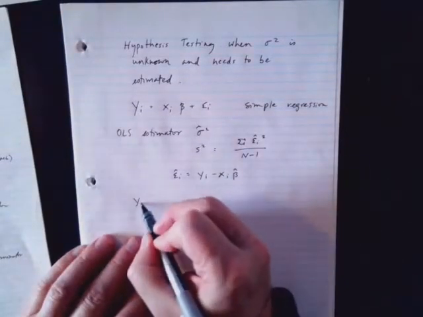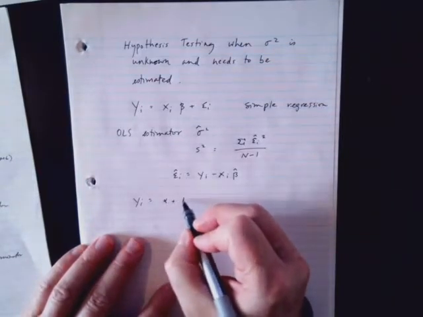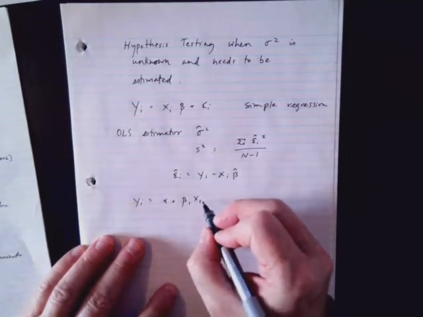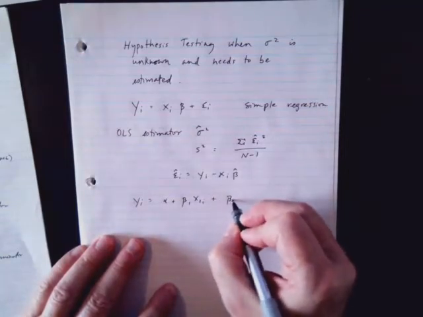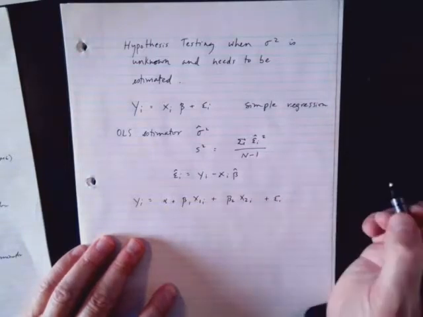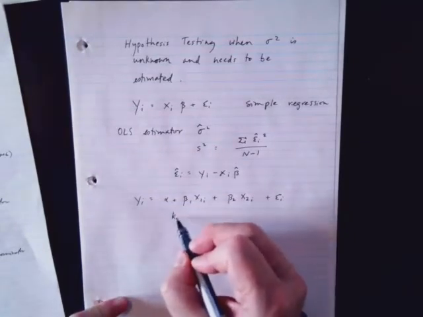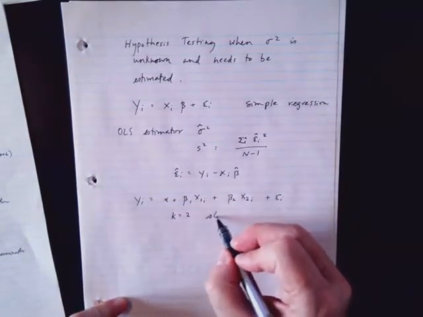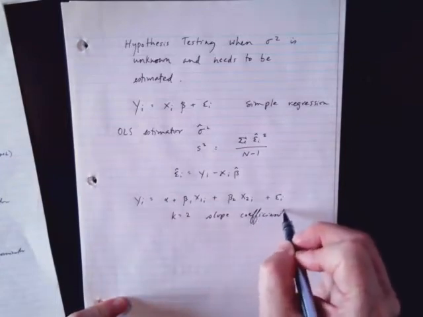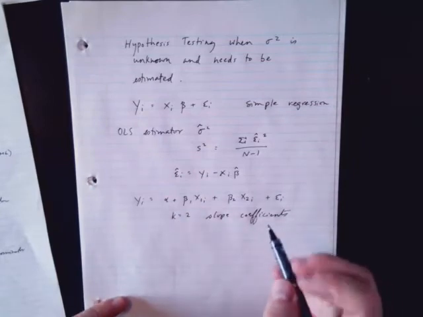So if we have a multiple regression model, alpha plus beta 1 x1i plus beta 2 x2i plus epsilon, we've got k equals 2 slope coefficients, and we've got the constant term alpha.